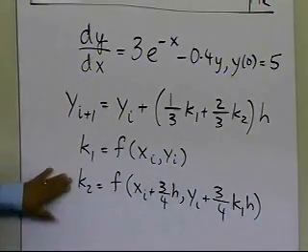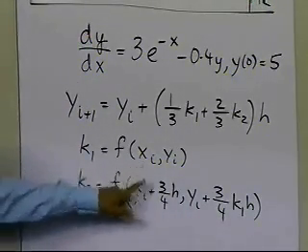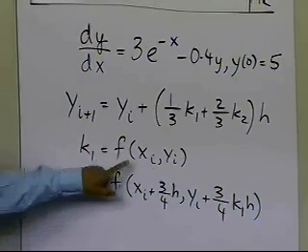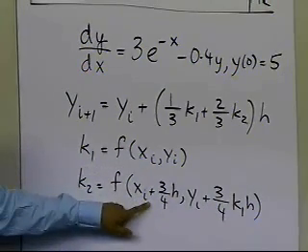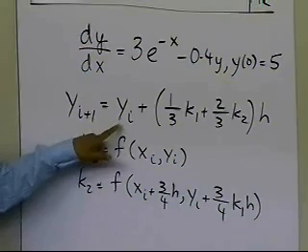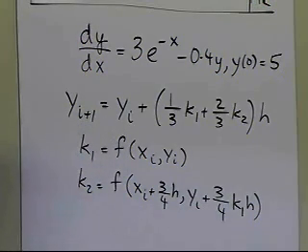So k1 and k2 are basically two slopes at these two points, and we are giving this 1/3 weightage, this 2/3 weightage, and using that to calculate what y_(i+1) is.